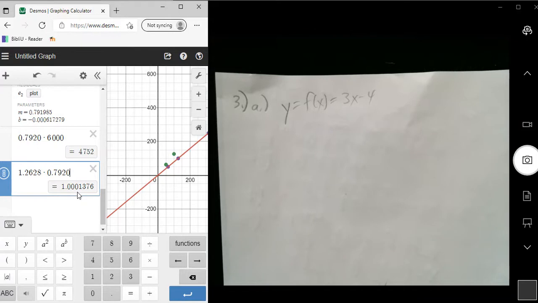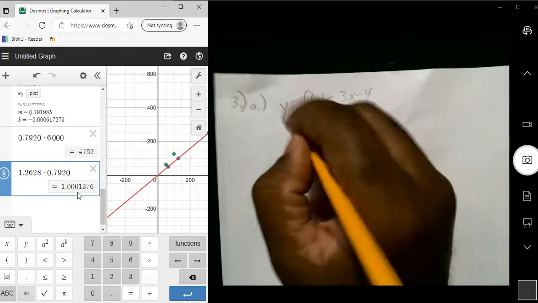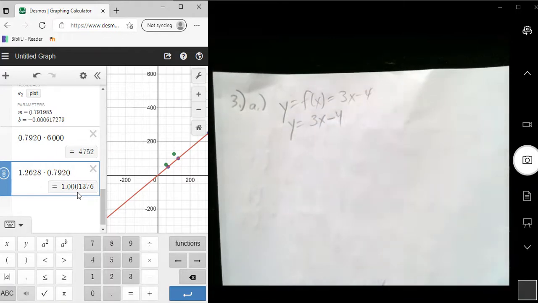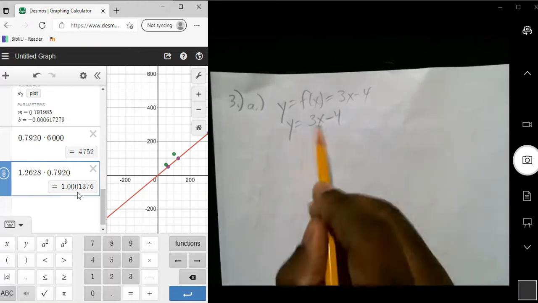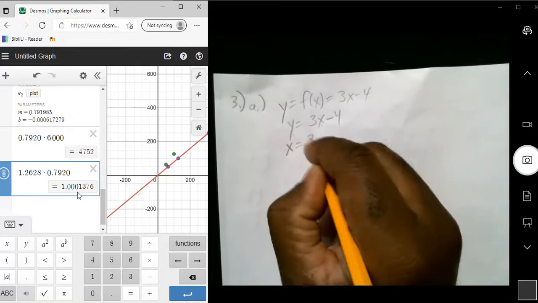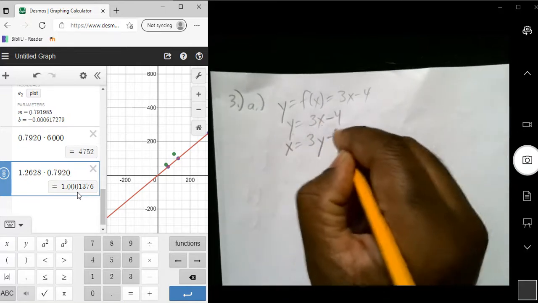Now, personally, when I write inverses, I usually don't use the f of x until I get to the end of the problem. So right now, my concentration is going to be y equals 3x minus 4. Now, to do the inverse, the x and the y would change positions. So y would become x and x would become y.